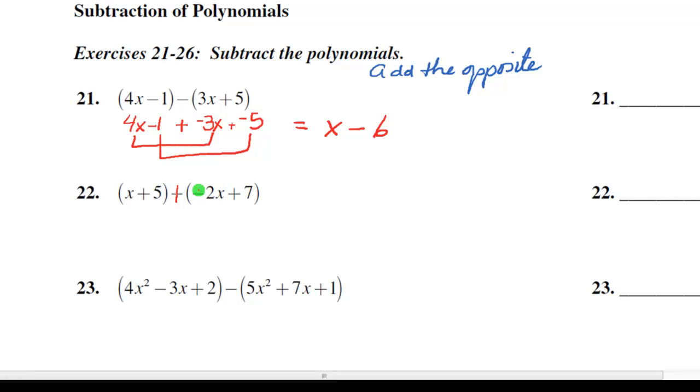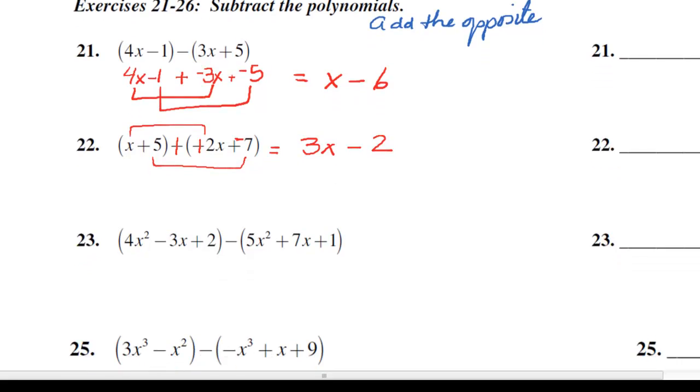So this negative 2x becomes a positive 2x, and this positive 7 becomes a negative 7. And then let's add the like terms. So 1x plus 2x is 3x. A positive 5 added to a negative 7 is a negative 2. So 3x minus 2 is our answer.